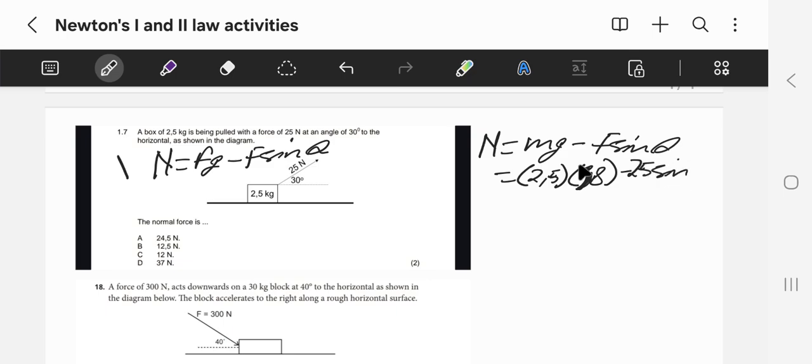Then sine, what is our angle? Our angle is 30 degrees, and then we'll get our answer of this from a calculator.